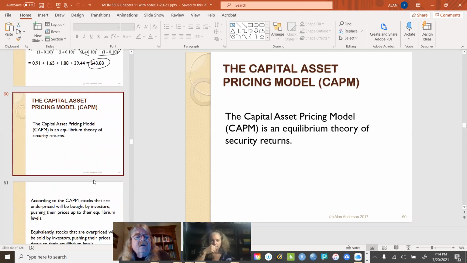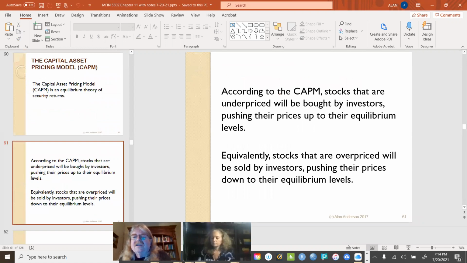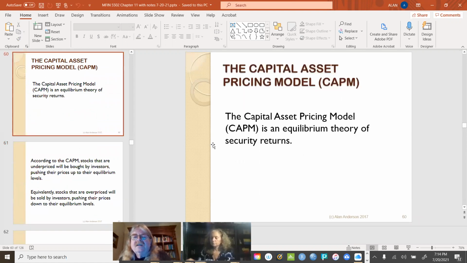It was developed in the early 60s by a group of researchers, and eventually they were awarded the Nobel Prize for their efforts. So that shows you how important this turned out to be. Now, the CAPM model, like any other model, has its problems. It's based on assumptions that may or may not be realistic, but it's very heavily used in many different applications.